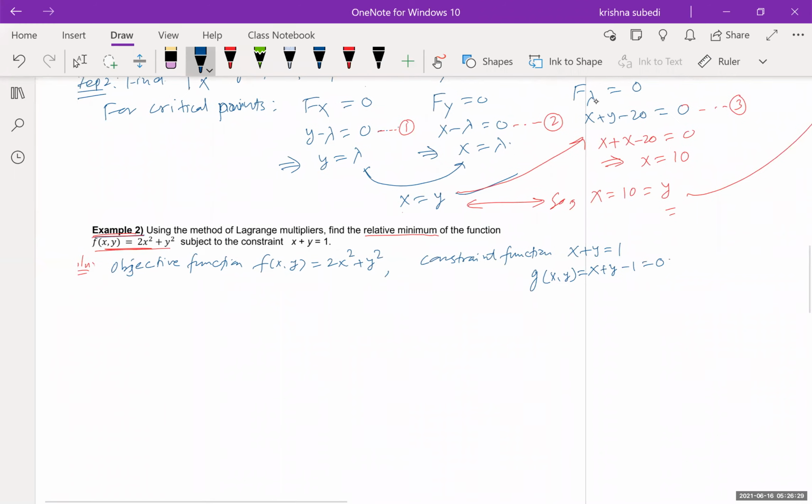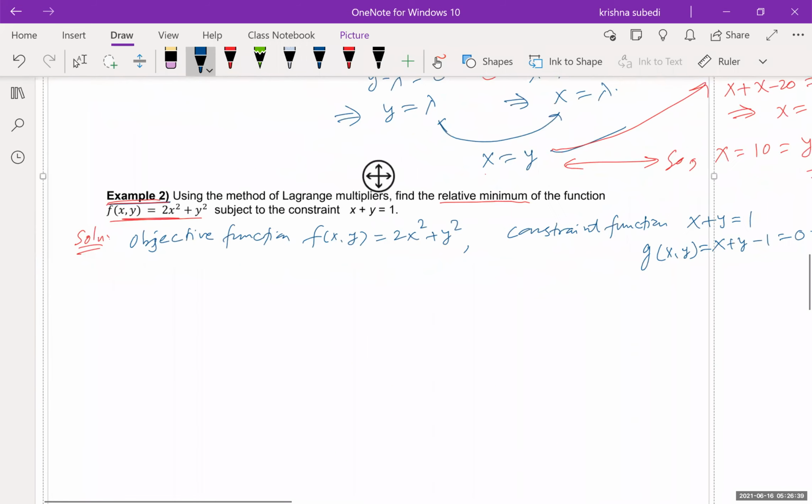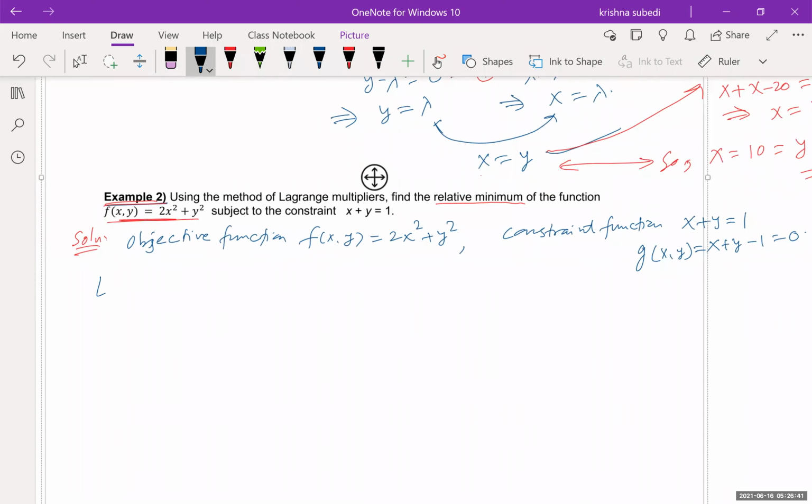Now, step 1, create the Lagrangian. I simply write capital F of x, y, and lambda equals f of x, y minus lambda g of x, y.